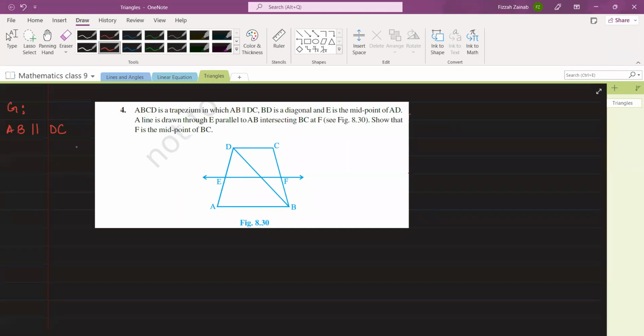So this is also given that E is the midpoint of AD, right? A line is drawn through E parallel to AB. That means this line EF is already parallel to AB. This is also given. So 3 things are given, 1, 2, and 3. Intersecting BC at F. Show that F is the midpoint of BC.